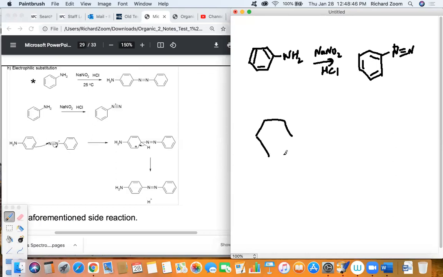This doesn't happen at 0 degrees, at least not to any great degree. So what happens is that we have our diazonium salt and it reacts electrophilically with aniline that hasn't been reacted to form the diazonium salt.